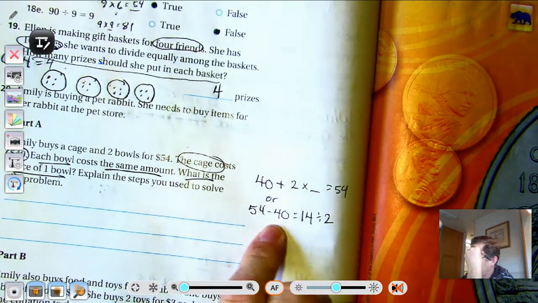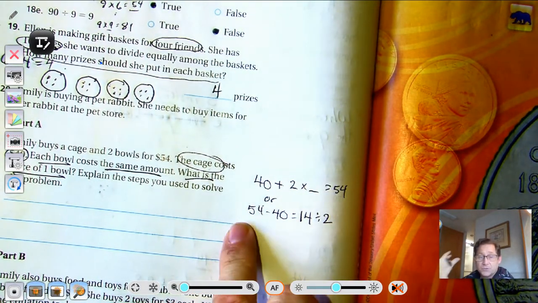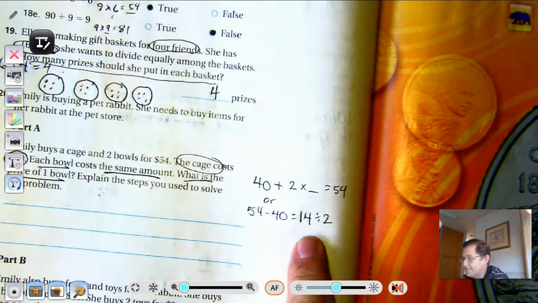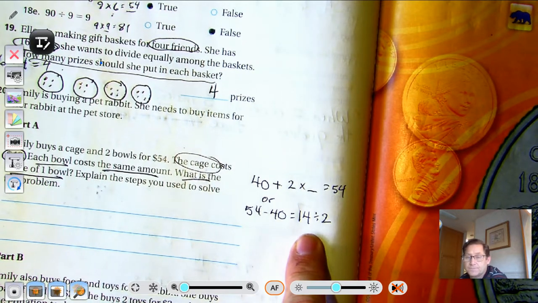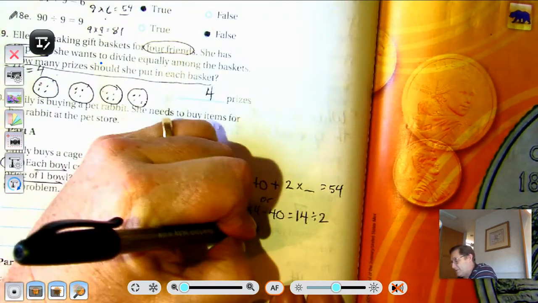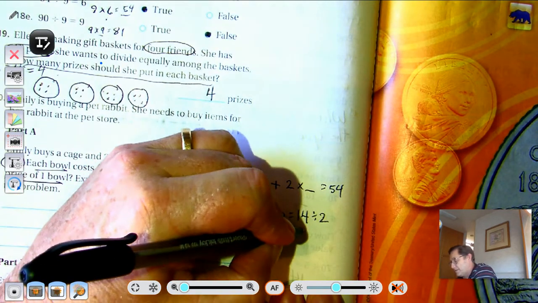So if I subtract 40, the cost of the cage, from the total amount she spent, that leaves $14 for the bowls. She bought 2 bowls. So 14 divided by 2 equals $7.